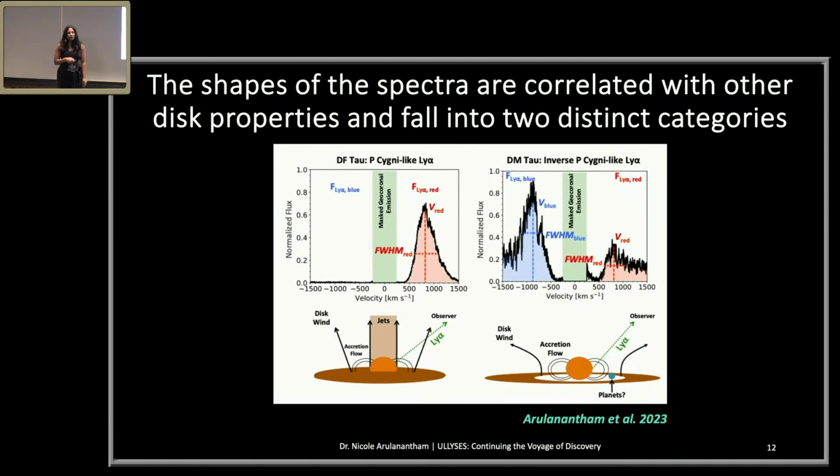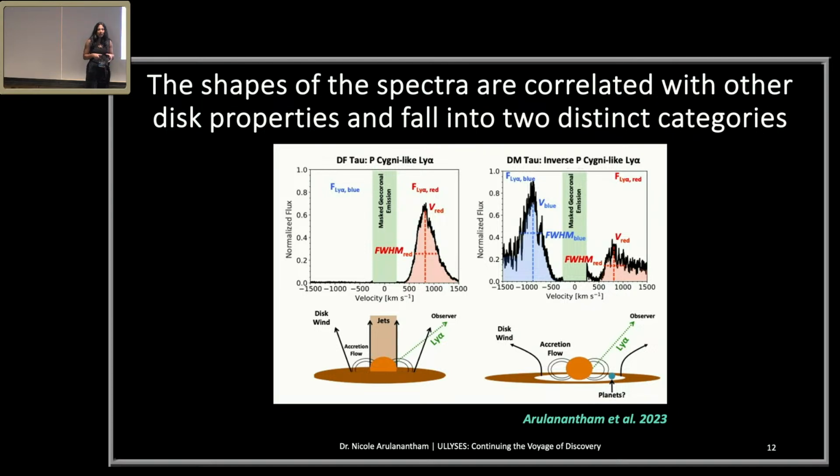And it turns out that when we compare the shapes of these emission lines to the properties of the protoplanetary dust disks and the properties of jets and winds, we see something really interesting. These have smoother dust disks.